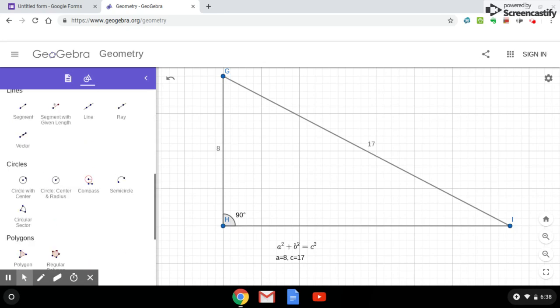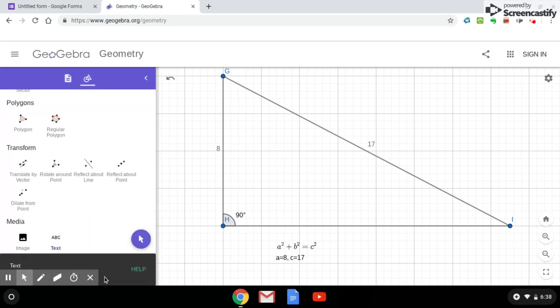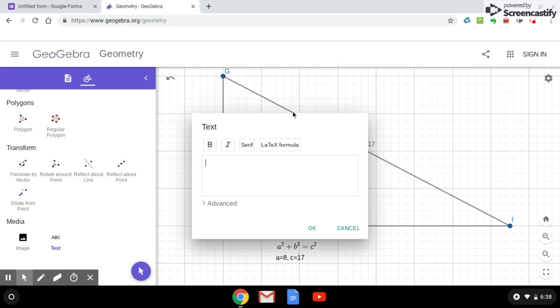And this time I'm going to help you guys write it out as we go. So we're going to have our a squared, so we're going to do 8 squared plus b squared, because we don't know what b is.